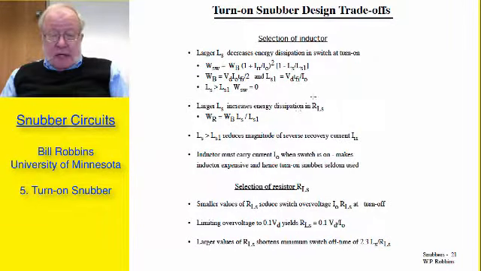There are obviously several design trade-offs in this turn-on snubber design. The larger the value of Ls is, the less energy dissipation in the switch at turn-on.